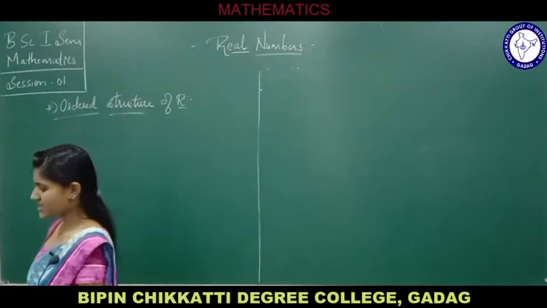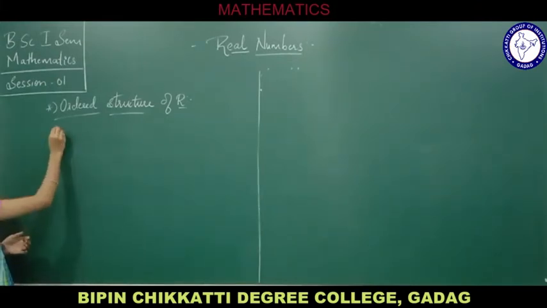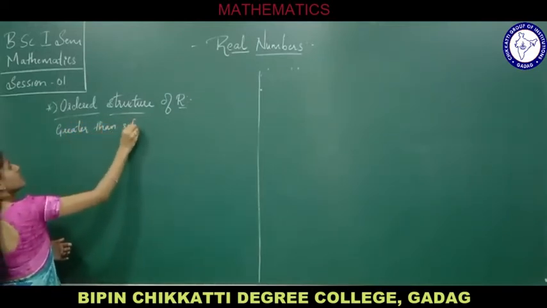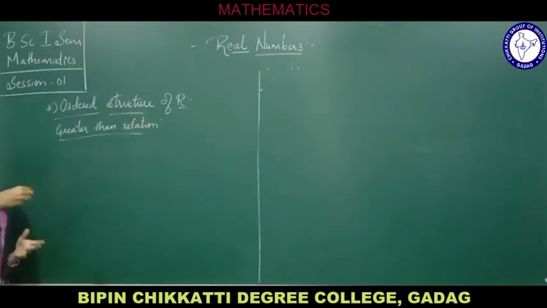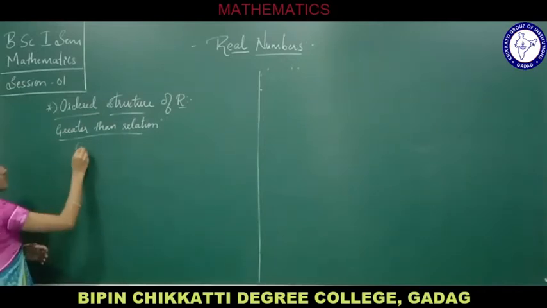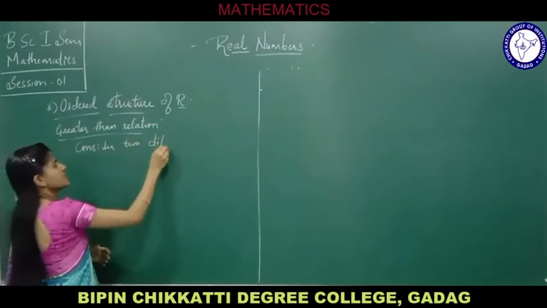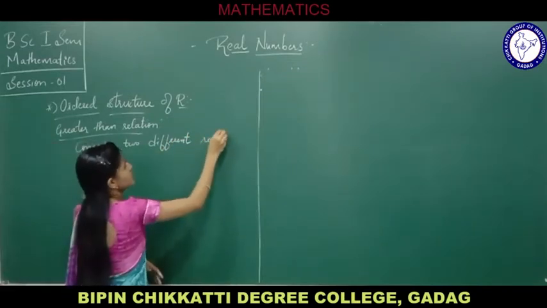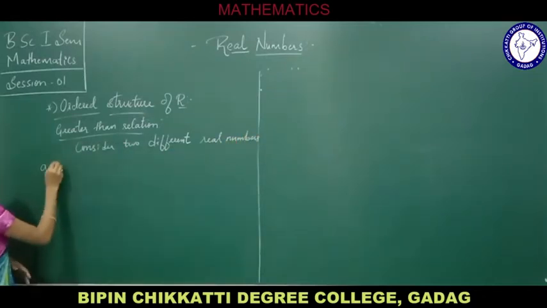It is the same, that is, the greater than relation given to any different real numbers, just as happened in the set of natural numbers. Consider two different real numbers a and b.